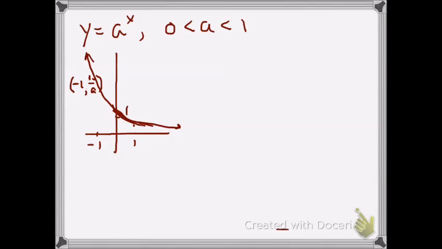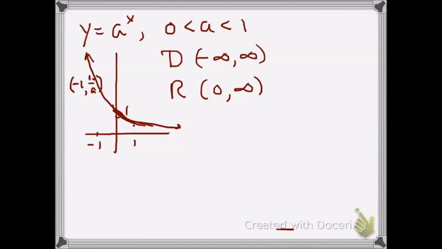Again, the domain is all reals. The range is from 0 to infinity. Notice that as x gets very large, we'll notice y is getting closer and closer to 0.